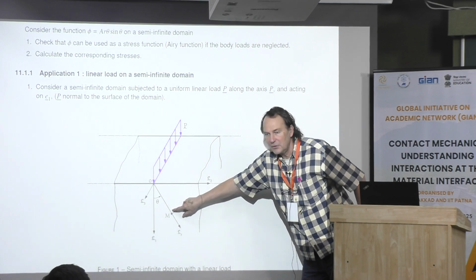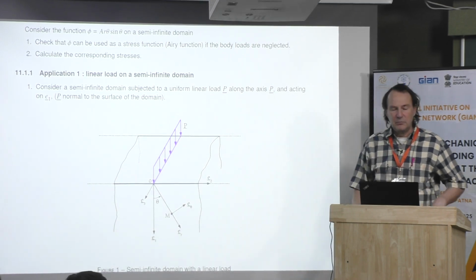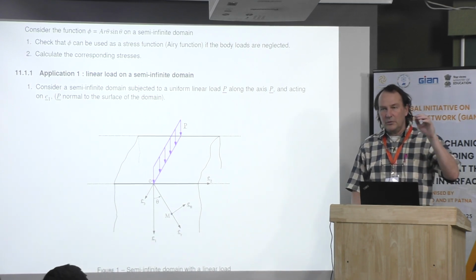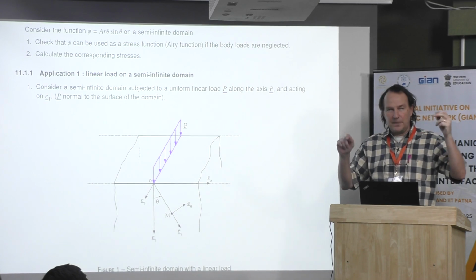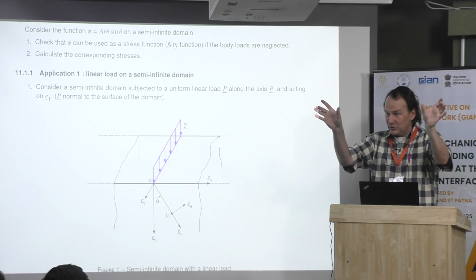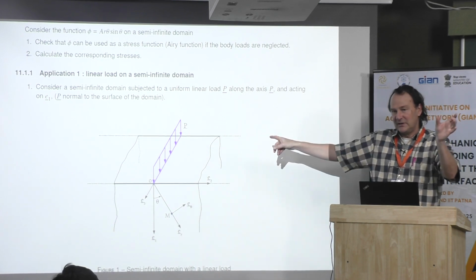Okay. And if you remember, I will not open the file again, but I have shown you a slide with the Boussinesq solution and the Cerruti solution for the displacement. It was written there. Then I will demonstrate that.